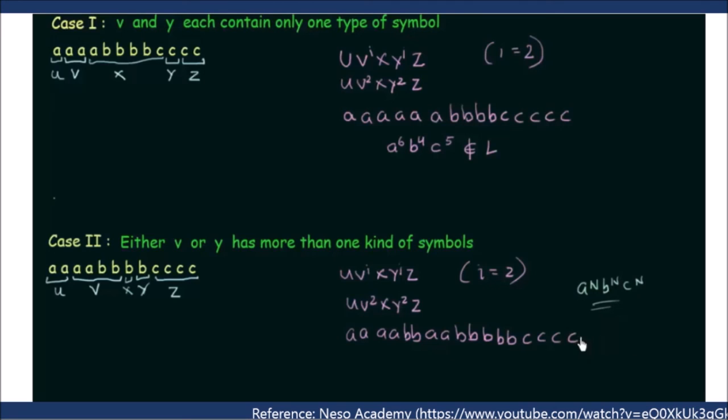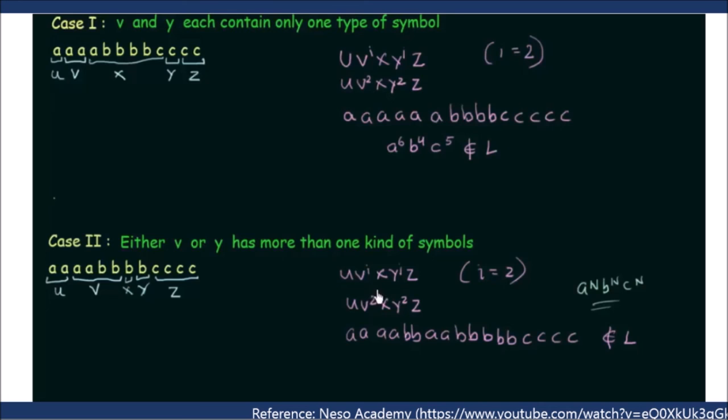So we can say that this string also does not belong to the language L. Even when you divide it in this way, taking this case into consideration, the resultant string does not belong to our language L. So our condition number 1 fails. And since condition number 1 fails, there is no point in checking condition number 2 and 3.